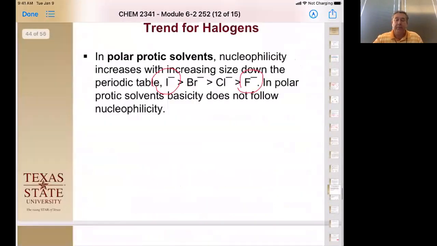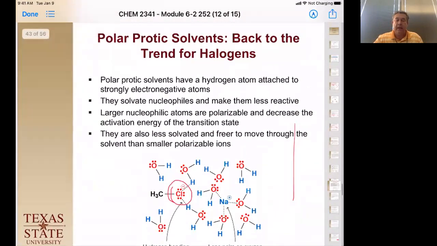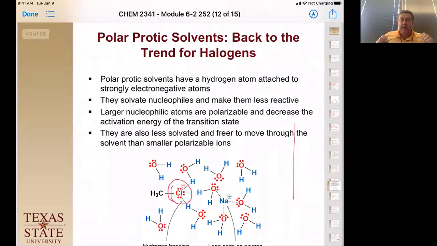But when it's hydrogen bonded to it, right here, in the protic solvents, it's actually the solvated nucleophiles that are less reactive, and therefore you have to have a better nucleophile. So in that case, your iodine is more reactive and your fluorine is least reactive.